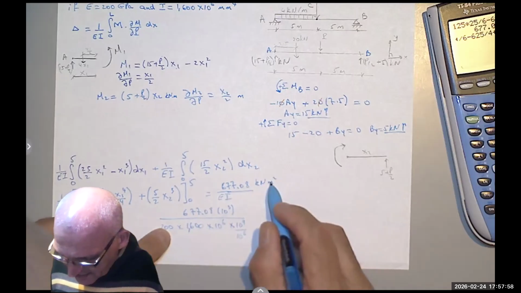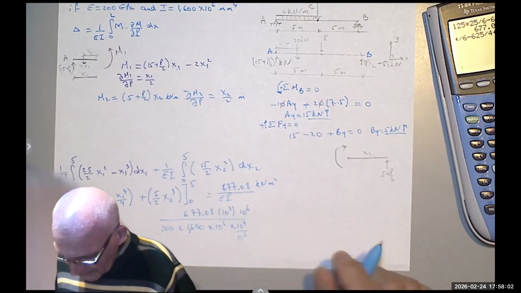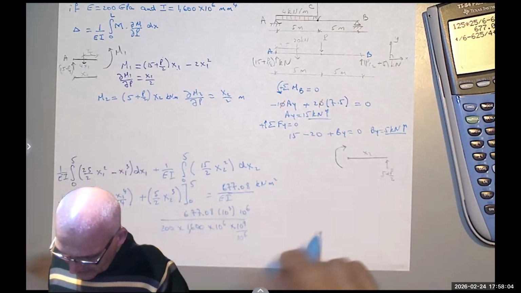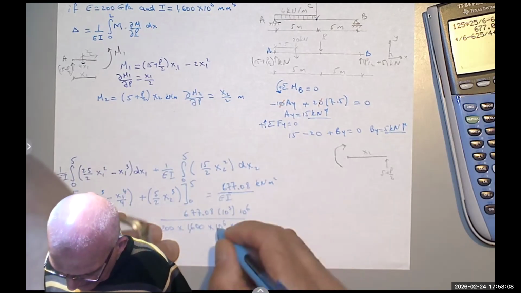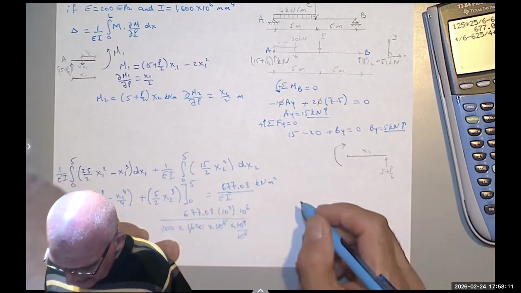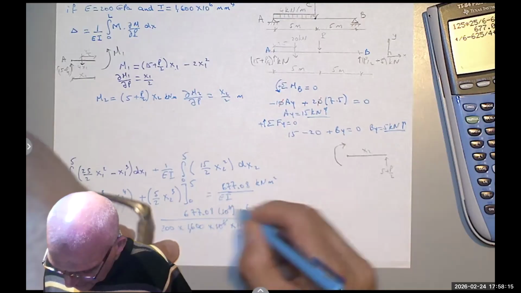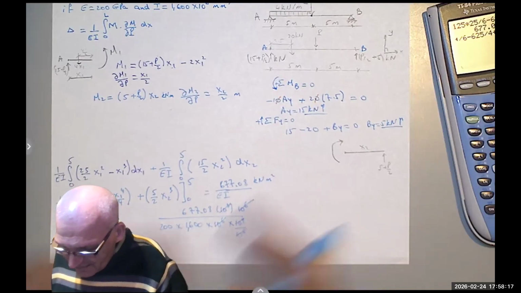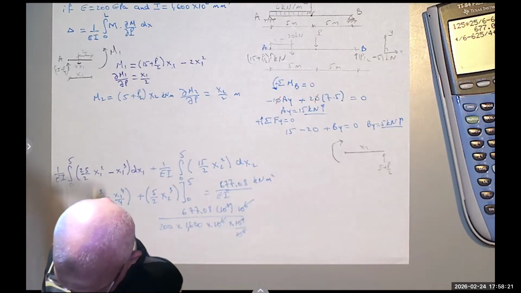And then I have meter squared, so times 10 to the 6. Notice that this over that is 10 to the third times that is 10 to the 9th, and this is 10 to the 9th. So everything now would be in meter, right?